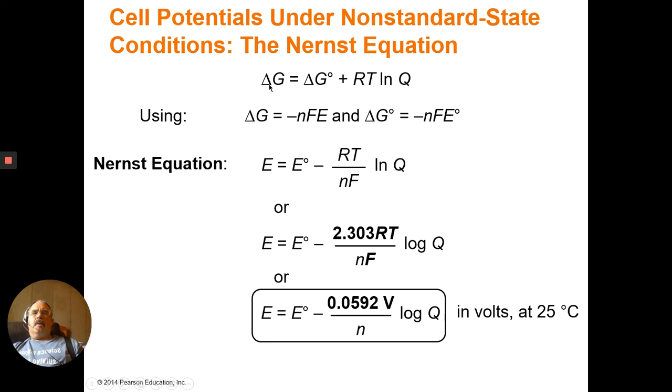Okay, so back in our thermodynamics chapter, we said that delta G non-standard is equal to delta G standard plus RT log Q. And using a couple of equations we came across earlier, under both non-standard and standard conditions, delta G equals minus NFE. N is the number of moles of electrons, F is Faraday's constant, E is the cell potential in volts.